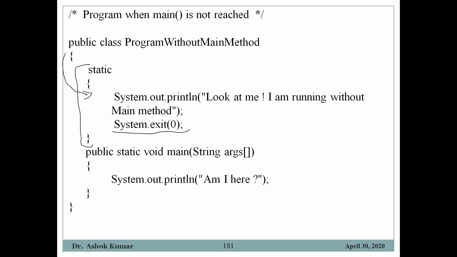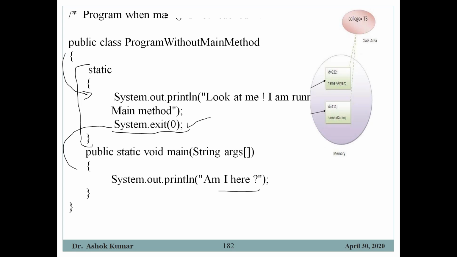This System.exit(0) will stop the program abruptly. This is the abnormal termination of the program. The program will end here. So control will not transfer to the main, and your program will end before the main starts. So this will not get executed, and you will get just this result, look at me, I am running without main method. So this is all about the static block.